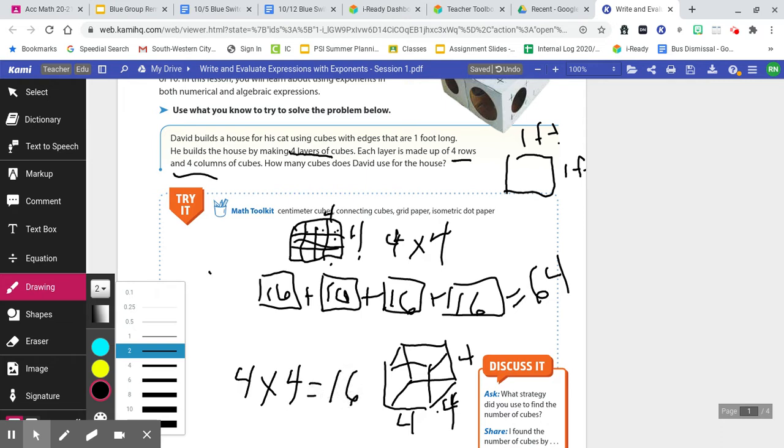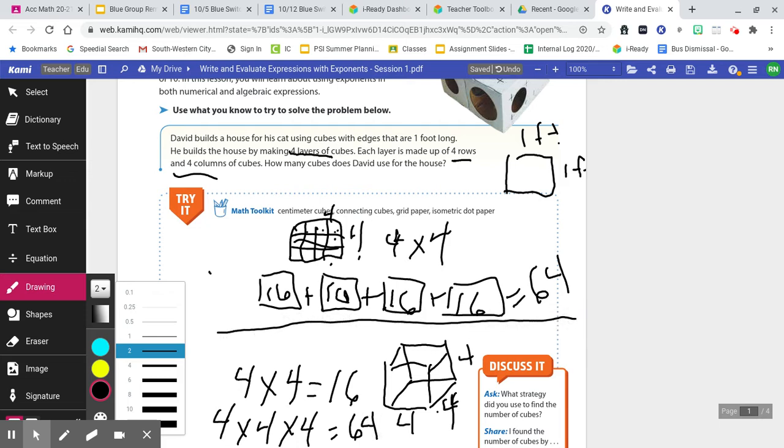And I have that 4 times. So 4 times 4 times 4. And that is equal to 64. So in the first example, I added my 16 and 16 and 16 and 16. In my second example, with the cube, I multiplied 4 by 4 by 4.